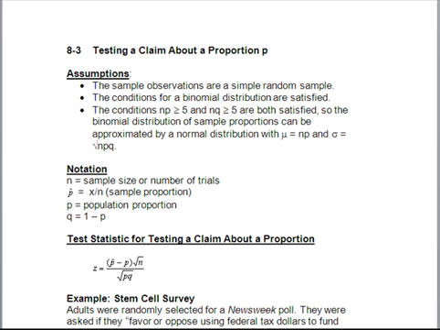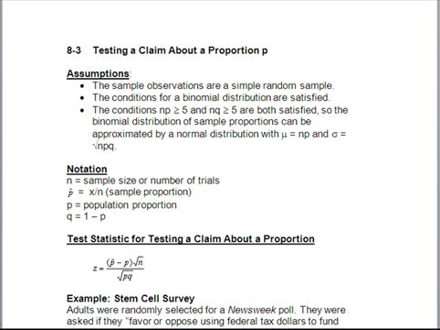The conditions for a binomial distribution are satisfied, so we can only have two possible outcomes, a fixed number of trials, and a constant probability. The conditions np greater than or equal to 5 and nq greater than or equal to 5 are both satisfied.